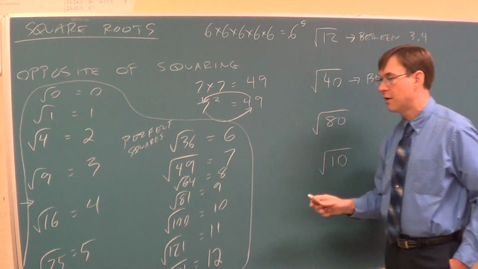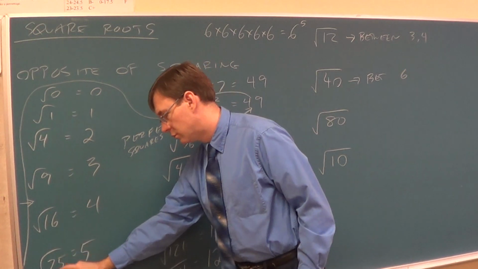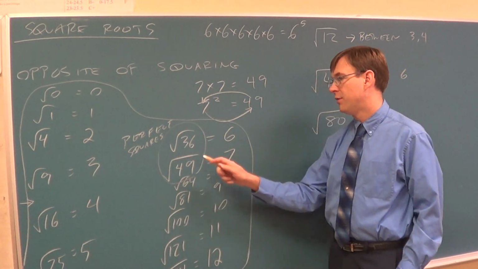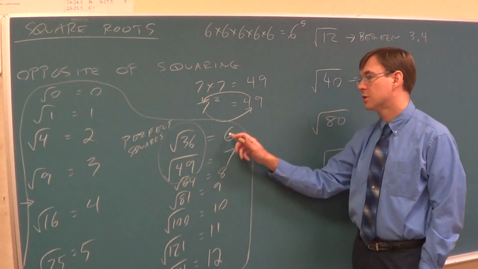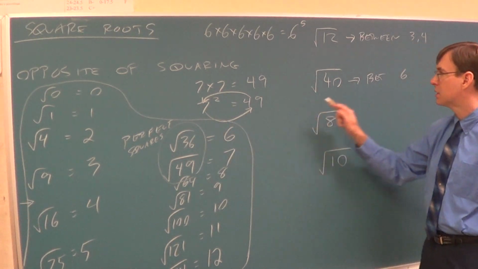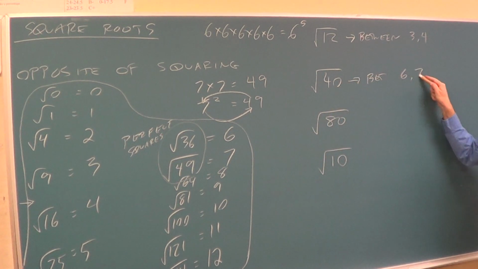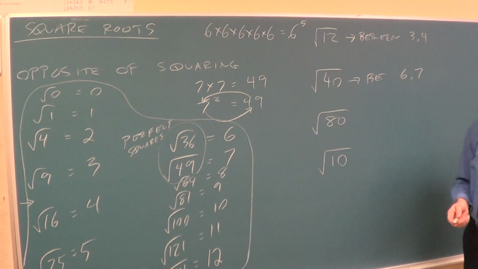If we go looking for 40 in this list of perfect squares, right there, this is about where we live. 40 is between these numbers, so the answer has to be between these numbers. 6 times 6 fell a little bit short, 7 times 7 is a little bit too high. It's going to be in between those numbers.